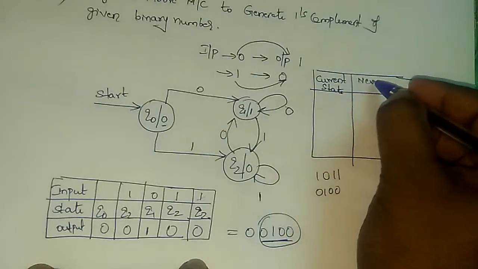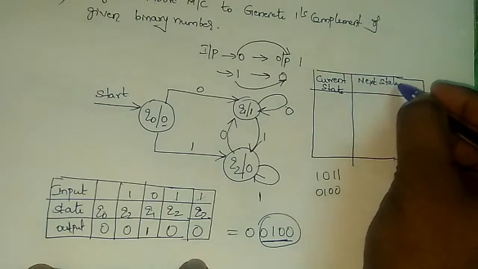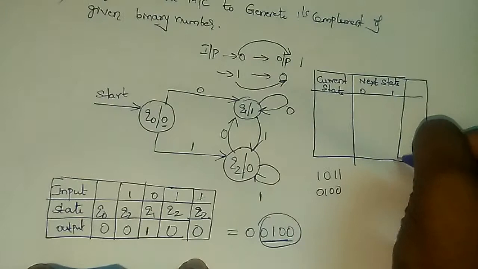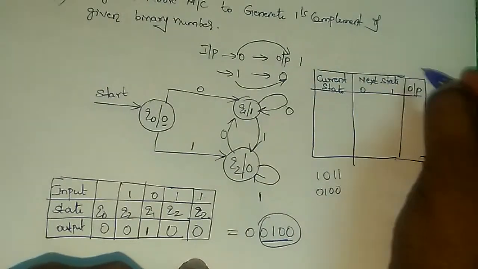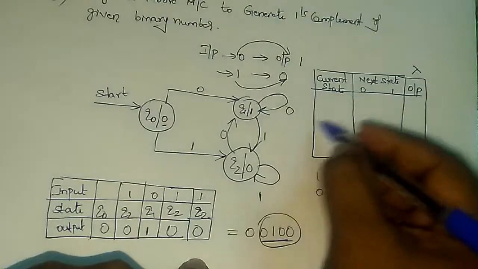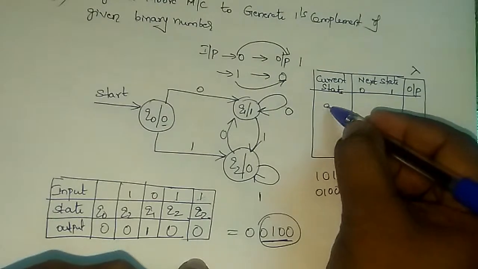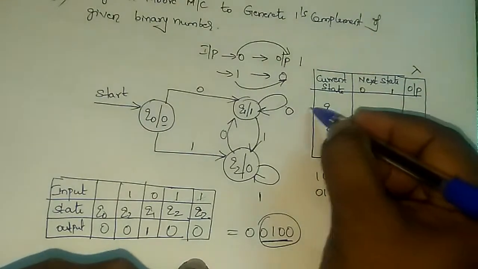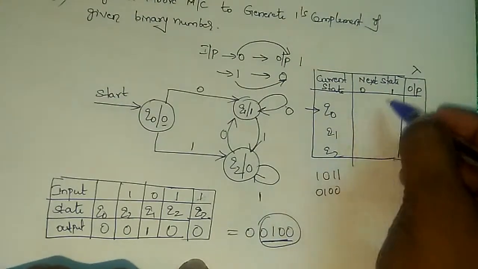This is my next state, and my inputs are 0, 1, and this is output, lambda. My current states are Q0, Q1 and Q2. I have three states, so I am starting from Q0.